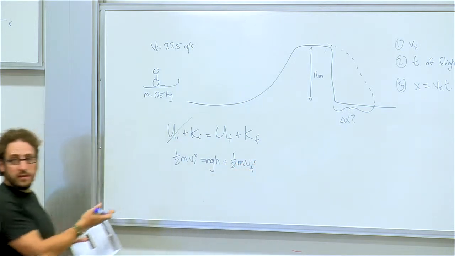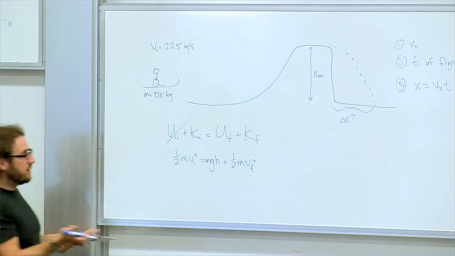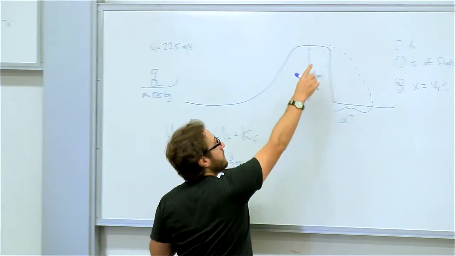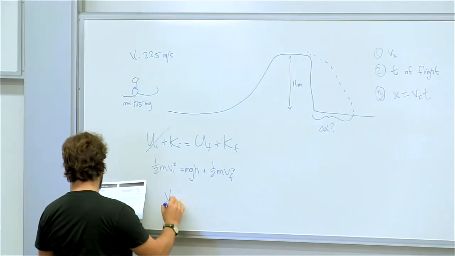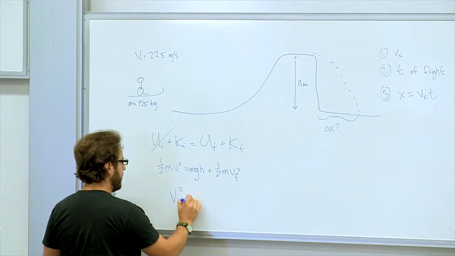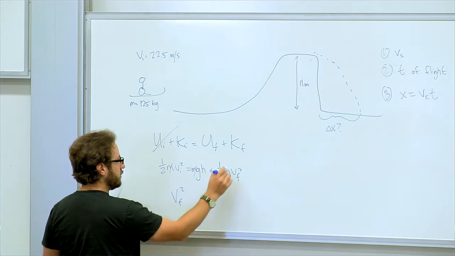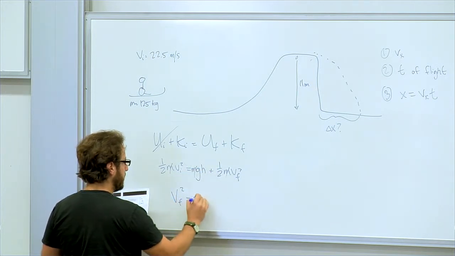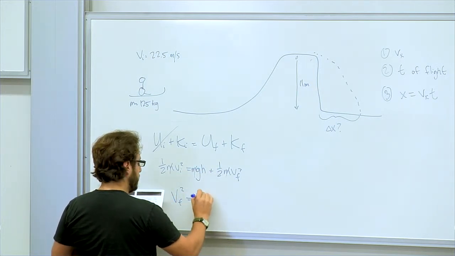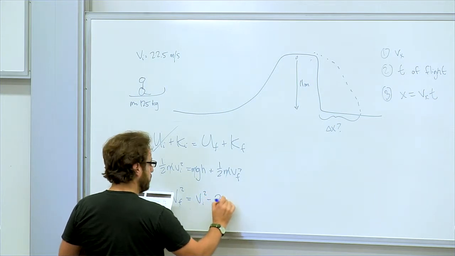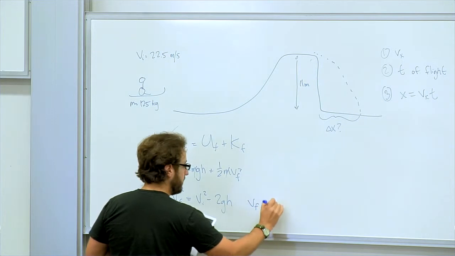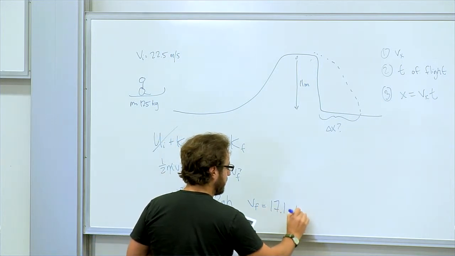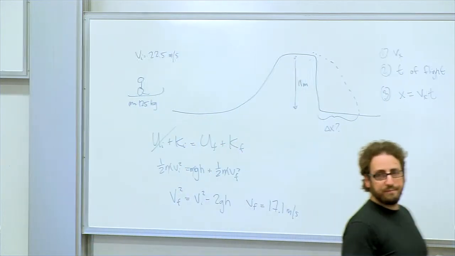We know everything in this equation except for the thing we're interested in, which is the final velocity, final being up here at the top of the hill. So the masses cancel, bring the 2 up. Vf squared equals Vi squared minus 2gh. So I get 17.1 meters per second. So it doesn't slow down a whole lot.